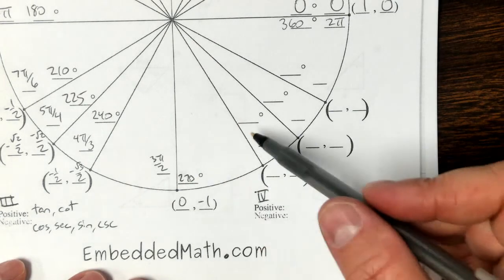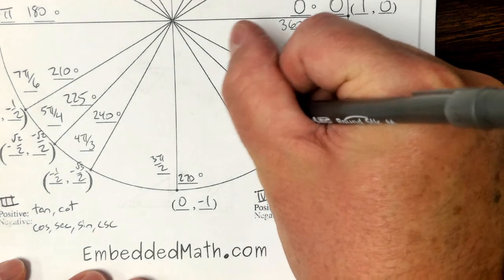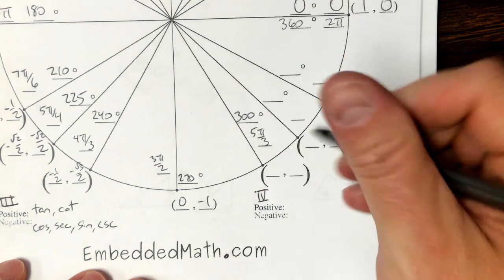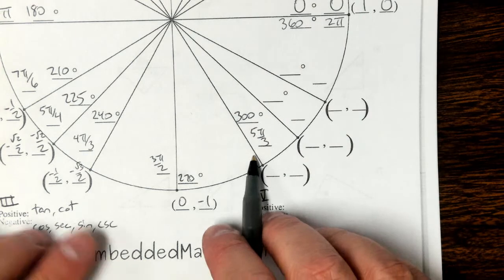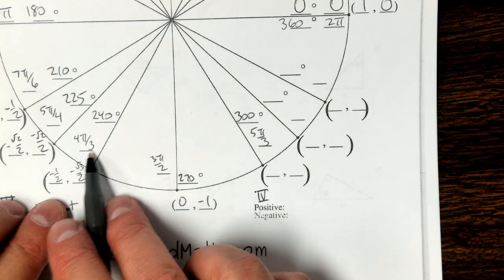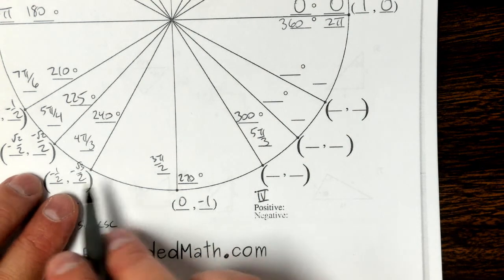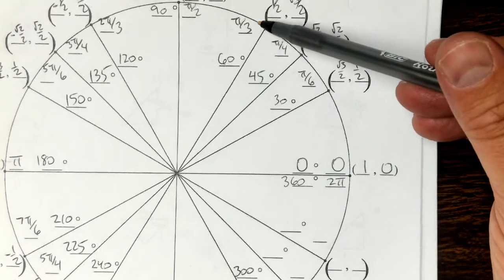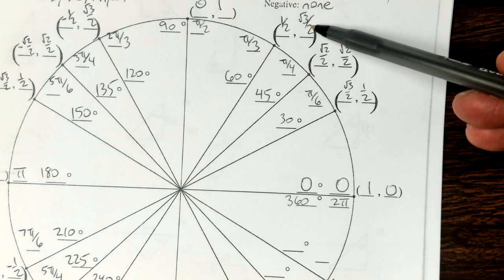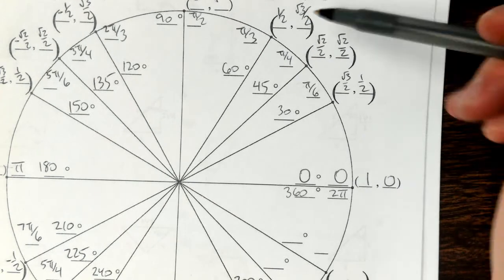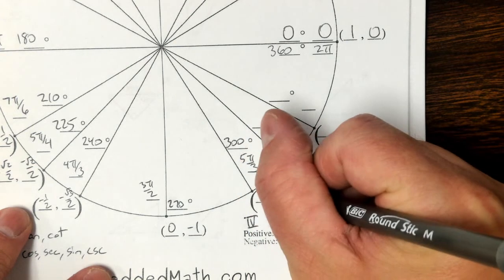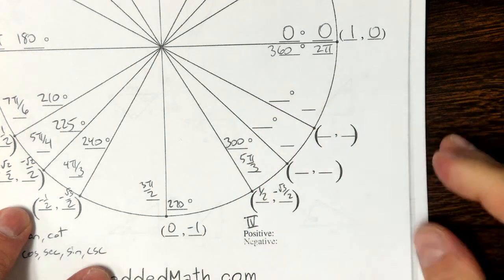After 270 is 300, and so that'd be 5 pi thirds. Which is the ordered pair that corresponds to this, except you have a positive half. Or you can even think of the one that corresponds to the pi thirds up here, but then you just change your y value to negative. So you've got a positive half for x and a negative square root of 3 over 2.